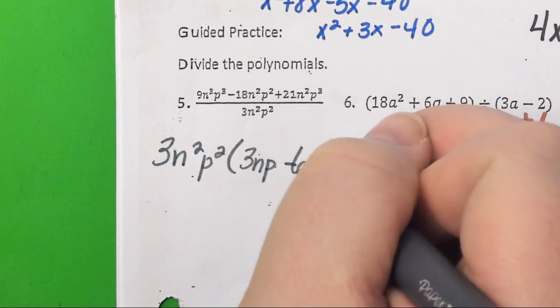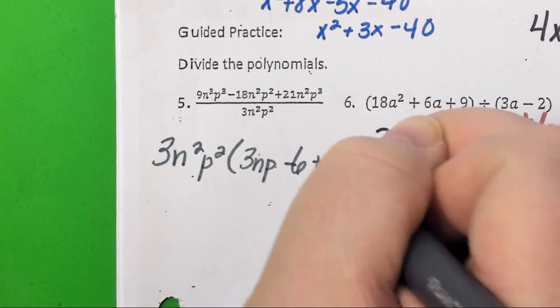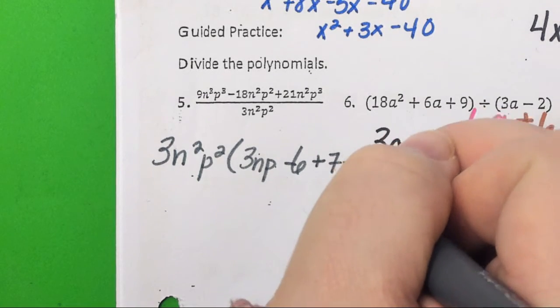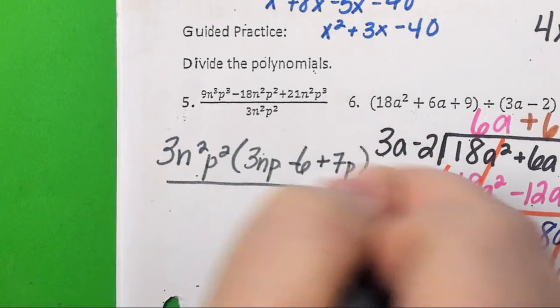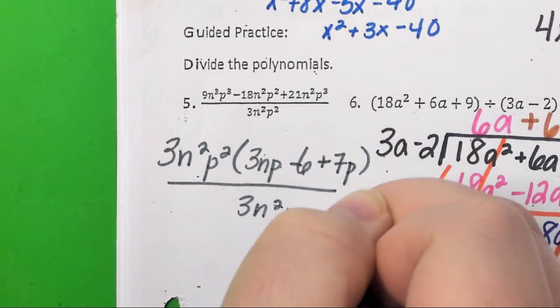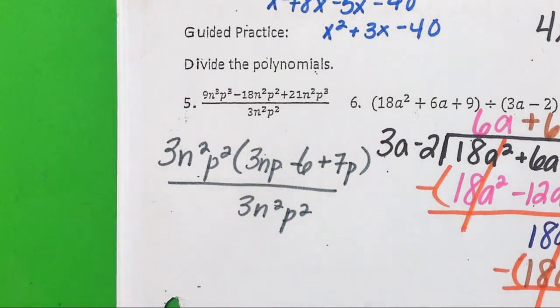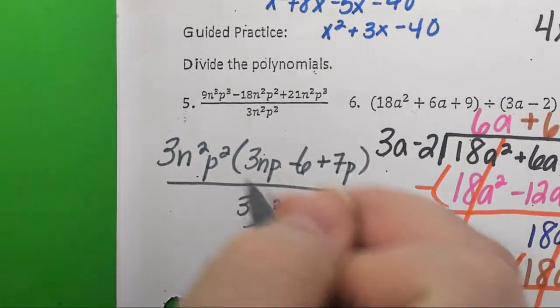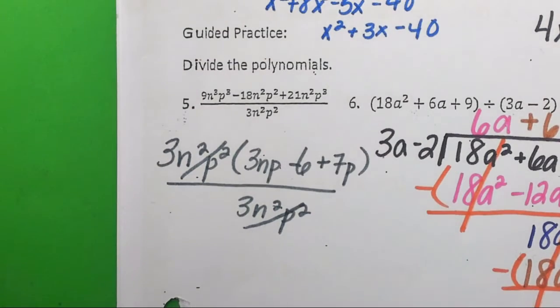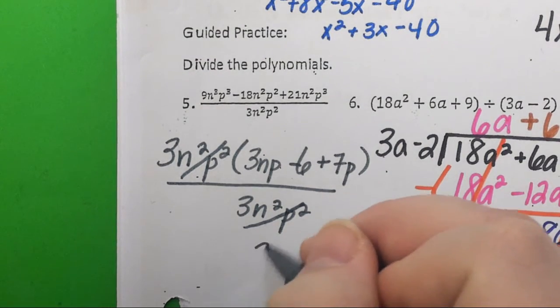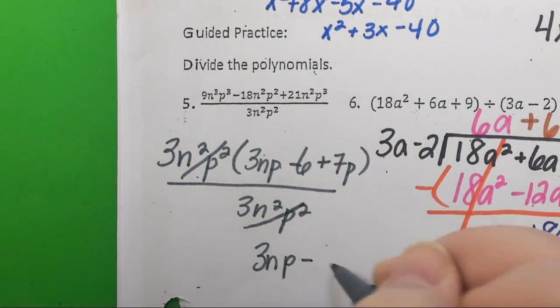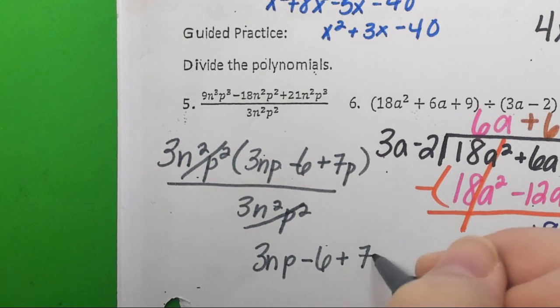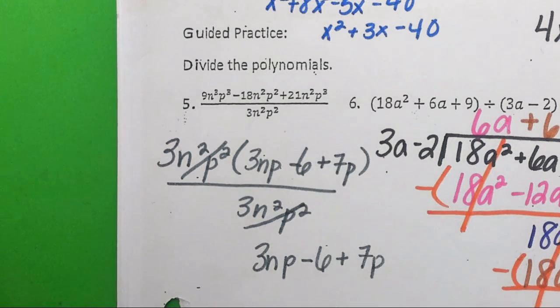For our third term, it would be plus 7, no n's, 1p. Divided by 3n squared p squared. Those cancel out. So unless for some reason I've gone completely blind, my answer is 3np minus 6 plus 7p. If you want to rearrange that and put the minus 6 at the end, I totally understand.